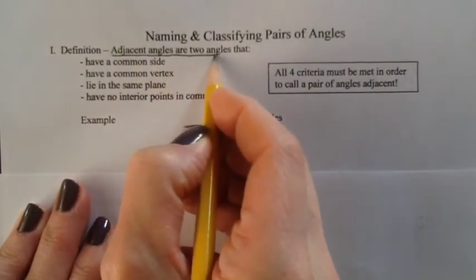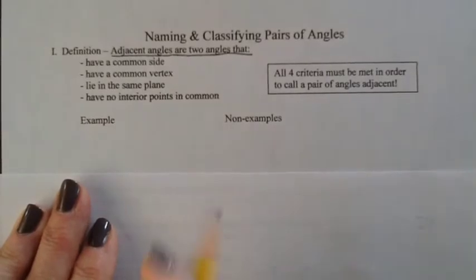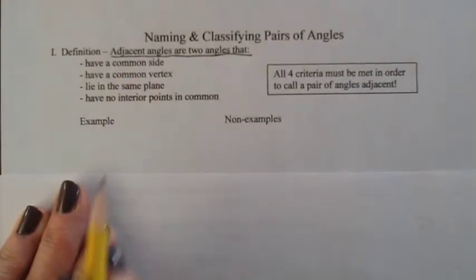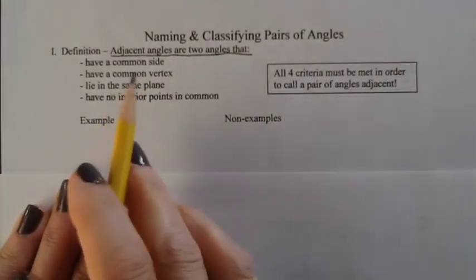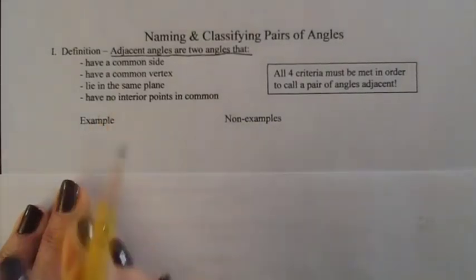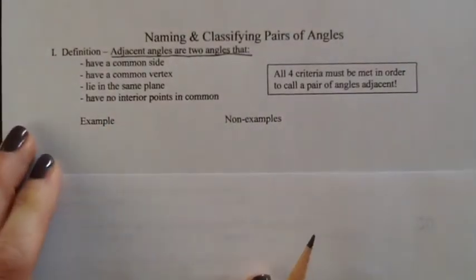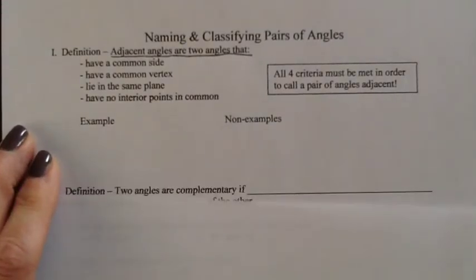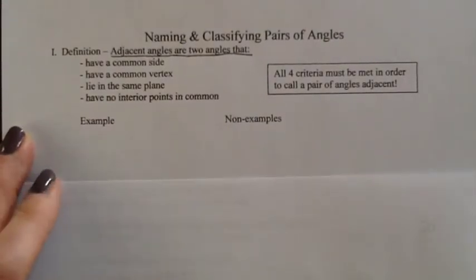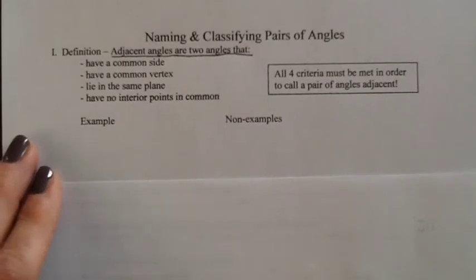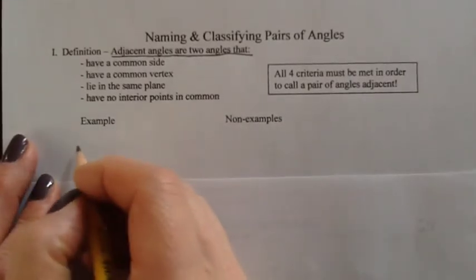So again, on a piece of notebook paper, the definition of adjacent angles. They are two angles that have a common side, have a common vertex, lie in the same plane, and have no interior points in common. Now you can always pause the video and get all that written down. Okay, let's take a look at some examples of adjacent angles, or an example anyway.